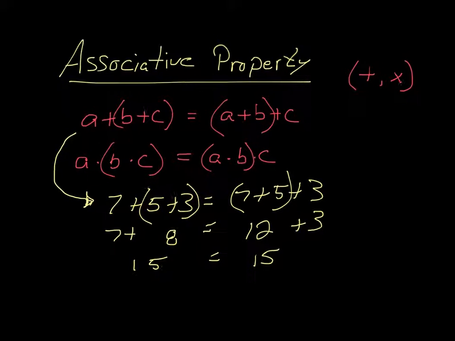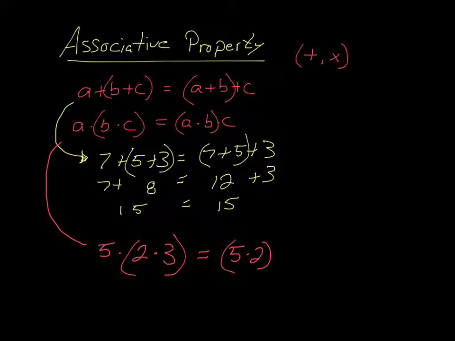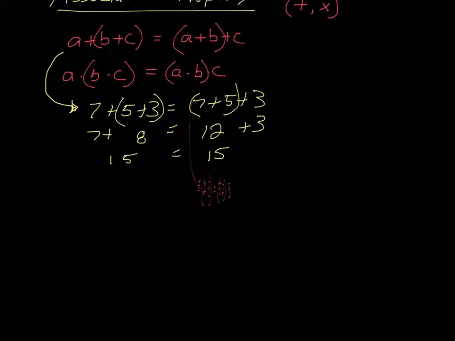Okay? Let me zoom it out just a little bit more. I'm going to change my color, and bring this down here, multiplication. So if I do a multiplication problem such as (5 times 2) times 3, is that going to equal the same as 5 times (2 times 3)? Well, let's think about this for a second. We have 2 times 3 is what? Good job, it's 6.